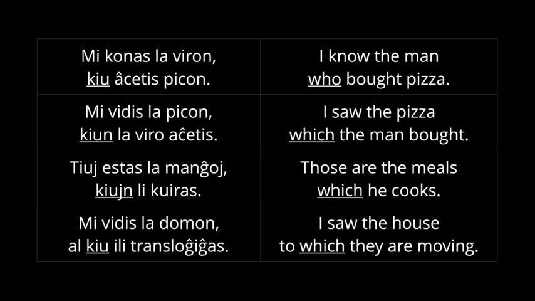So again, kiu here is used as the object of a preposition, but it's a preposition that contains direction built in and doesn't need an N, therefore kiu doesn't get an N. So this is just a quick breeze through of several different ways in which you might see kiu being used as a relative pronoun, linking together two clauses of the sentence by saying, something that's mentioned in one clause is also part of the other clause. It's relating the two together.